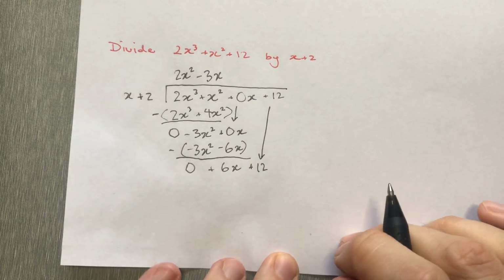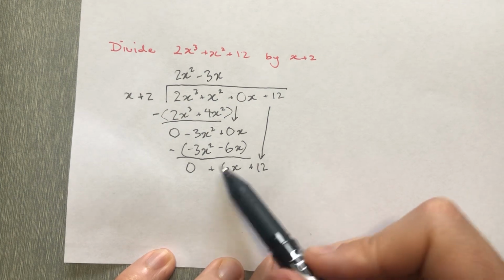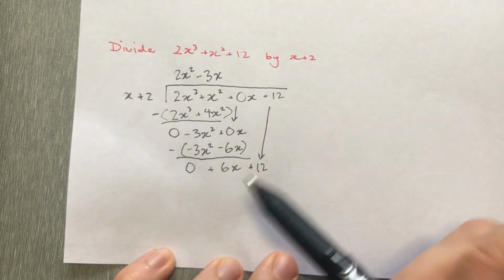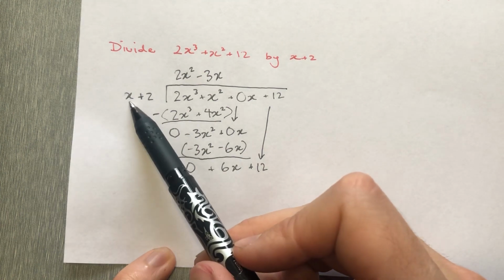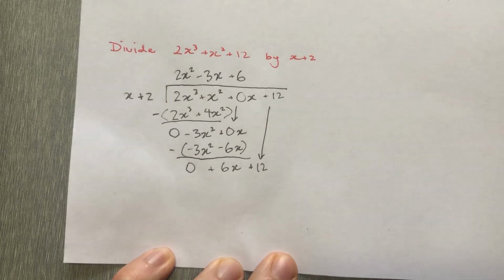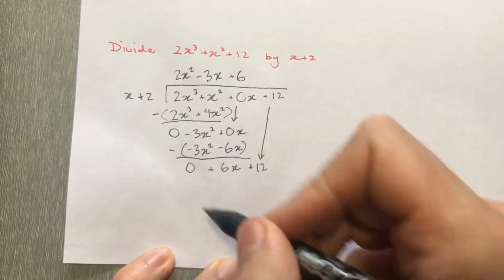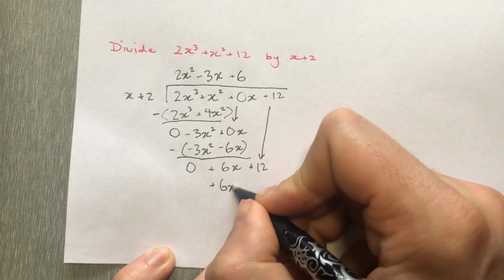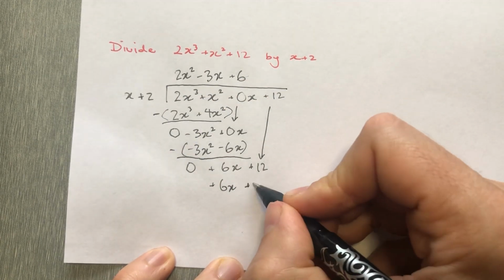Plus 12. Alright, so now we're up to the start again, and this is what we're looking at, this part and this part. So 6x divided by x is 6. We need to take this 6 and now times by both of these. So 6 times x is 6x. 6 times 2 is 12.